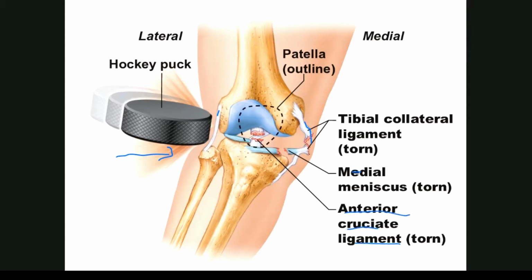Now, if you don't surgically go in and fix that anterior cruciate ligament, that person's life as far as an athlete is over. It requires surgical intervention.